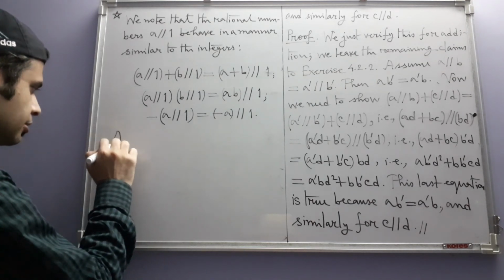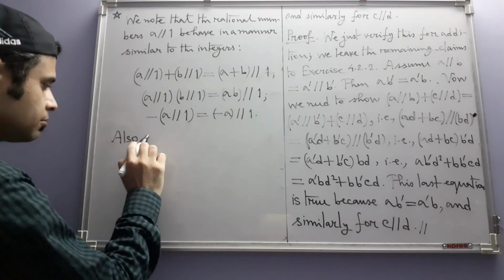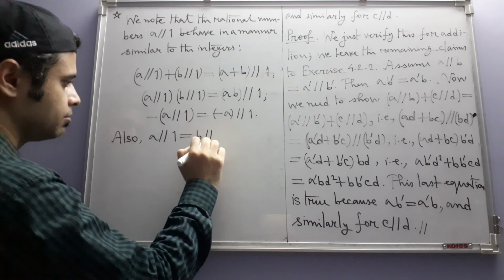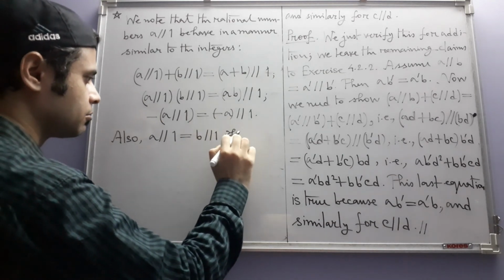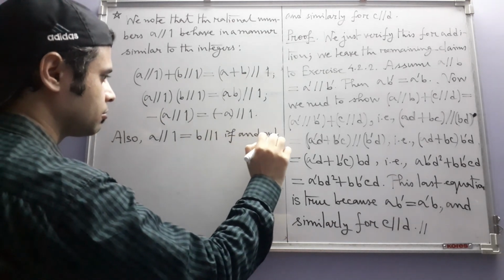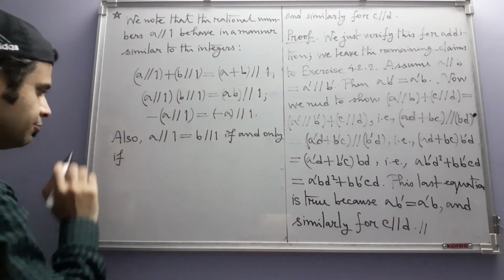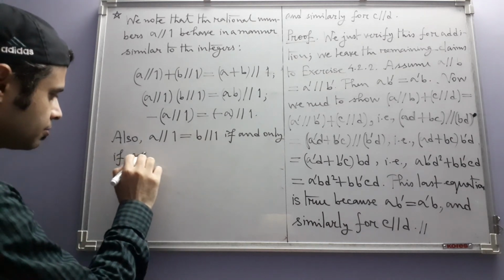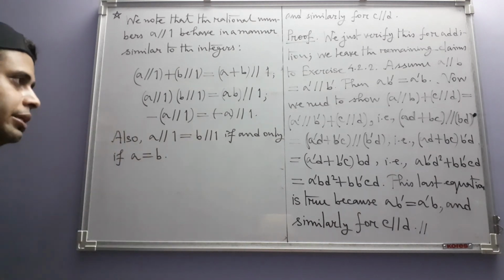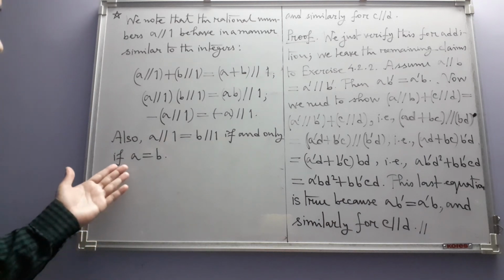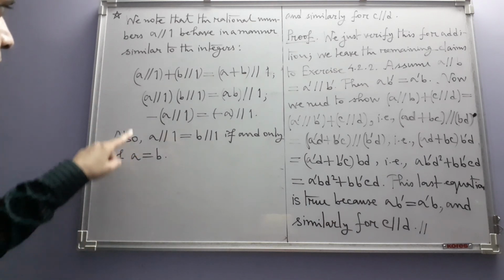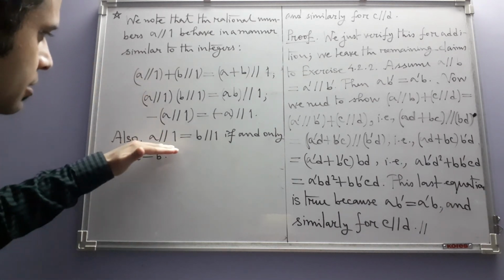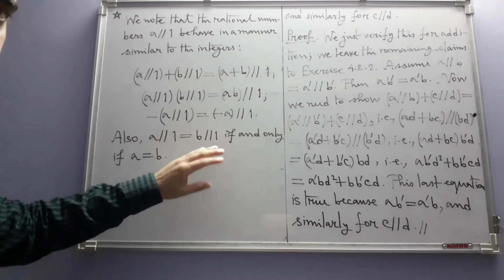Also, one more thing is there. These two rational numbers are equal if and only if, apply the definition, a times 1 should be equal to 1 times b. That means a should be equal to b. So we see that if we identify the integer a with this rational number, then all the algebraic operations as well as the concept of equality stay consistent.